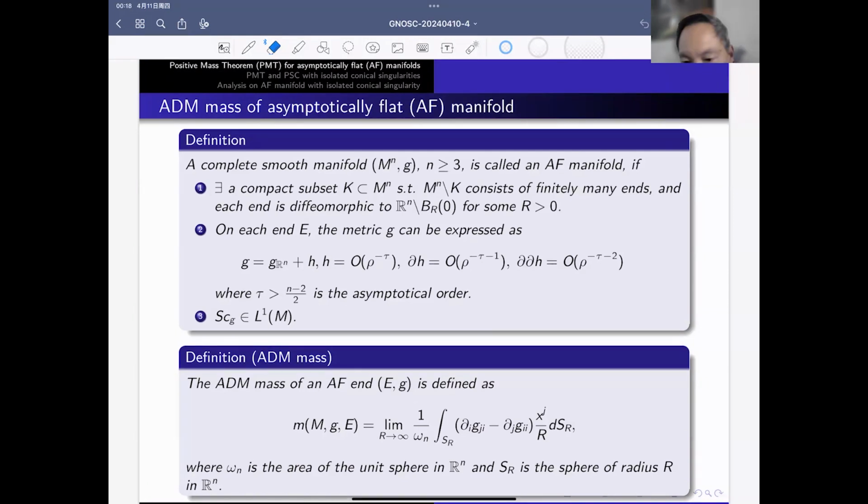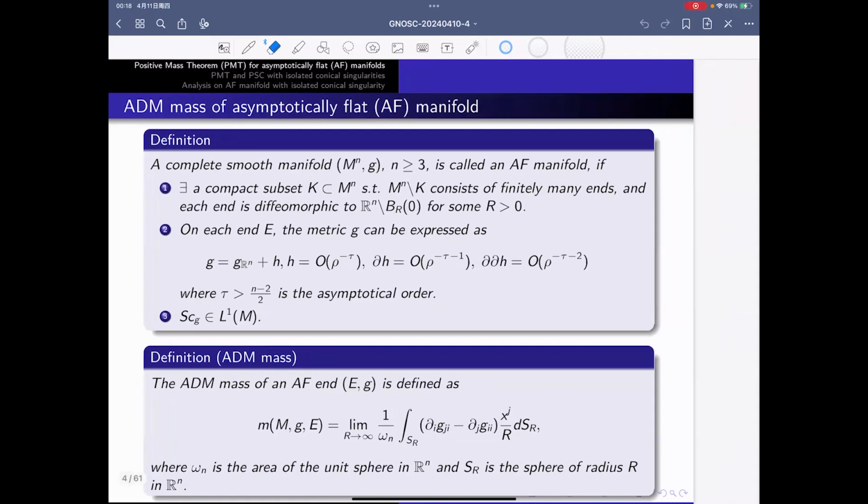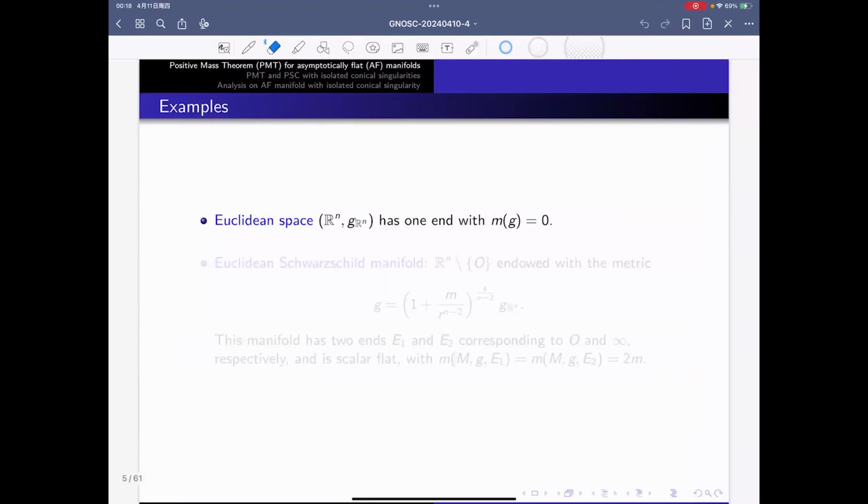Sorry, my microphone is off, that's the reason. All these things Professor Dai has explained, so let's just look at the definition, and now look at two simple examples.